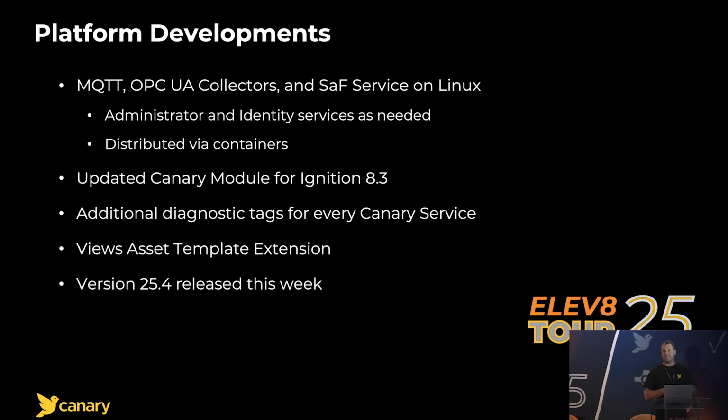Those attributes could be just a static value, or potentially a lookup from a relational database. We're already doing some work inside our identity service to have named relational connections, and then those named connections can be used throughout the system. One of those places will be in asset templating.